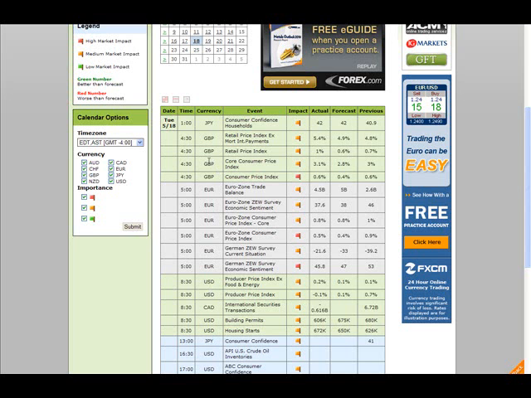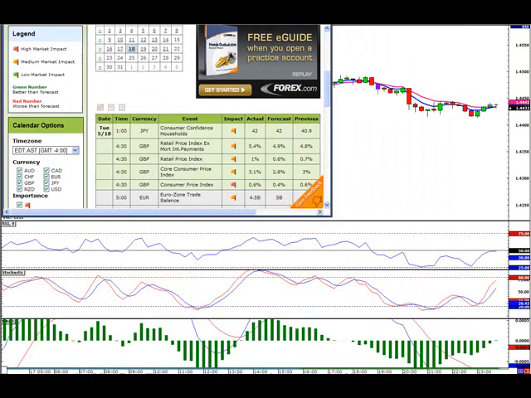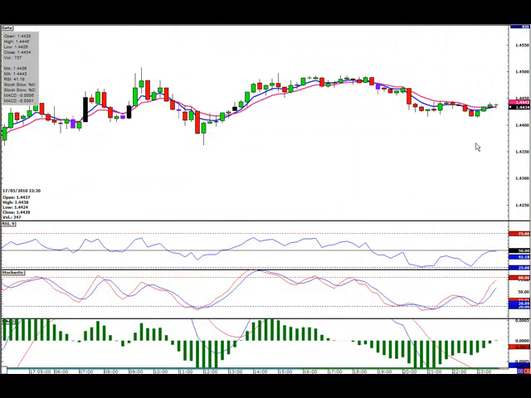You can do the same thing, or you can set some kind of alert or an alarm to let you know when those news events are coming out, because you don't want to be in the market when those reports come out. Oftentimes those can create sporadic movements, and it's not really indicative of what's actually going on in the market. So that's why we're not in the market during those times, because we don't want some kind of knee-jerk reaction to take us out of a trade.